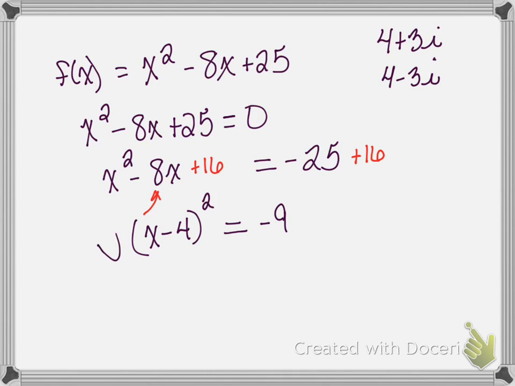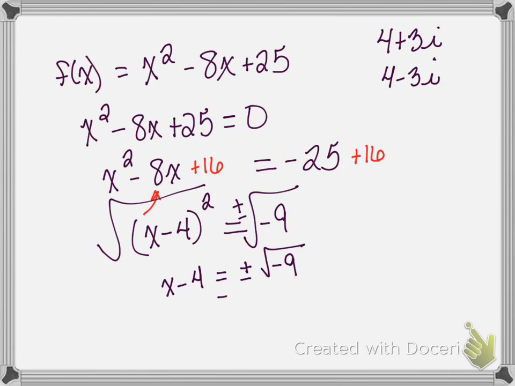I take the square root of both sides, and I have to put the plus or minus. So x minus 4 equals plus or minus the square root of negative 9. The square root of negative 9 is 3i. I add 4 to both sides, and my final answer is x equals 4 plus or minus 3i.